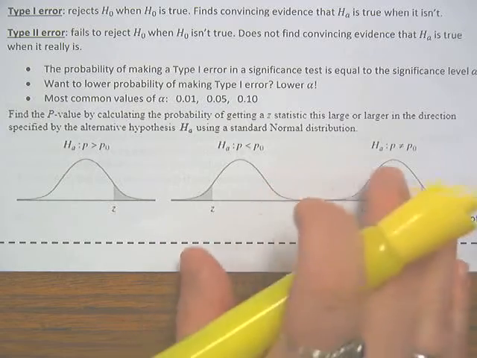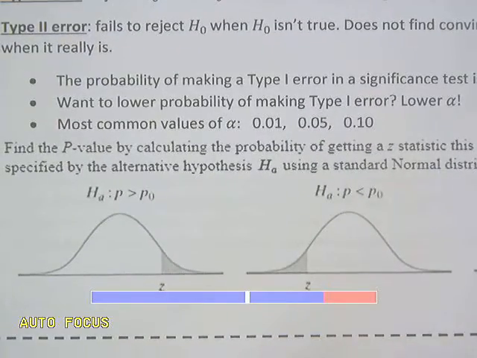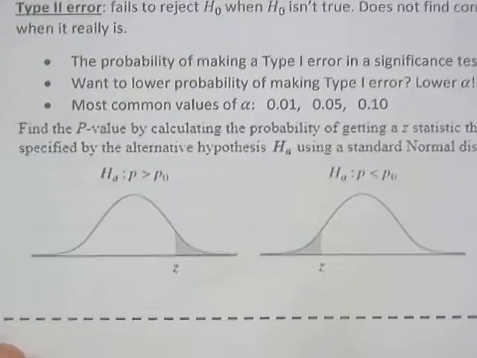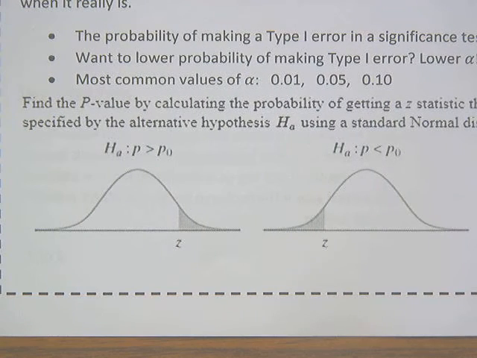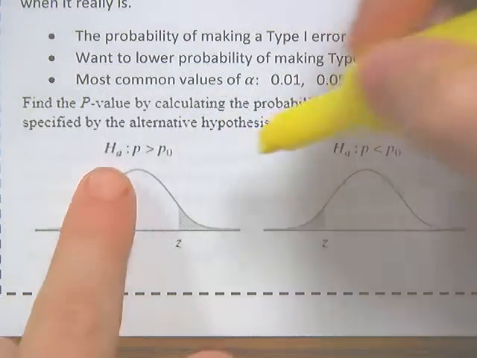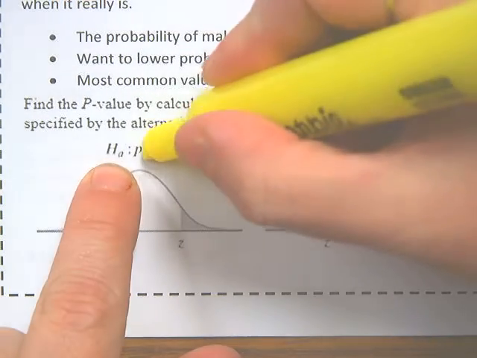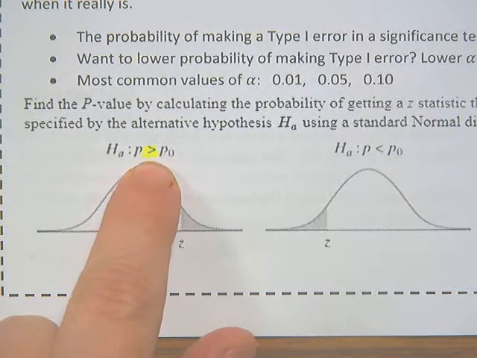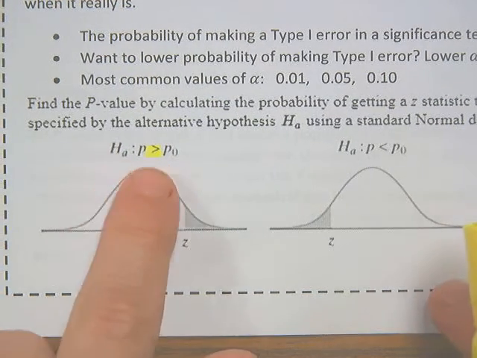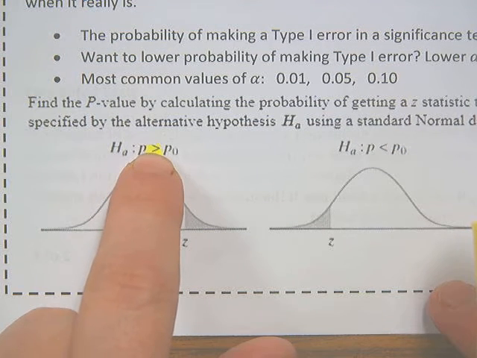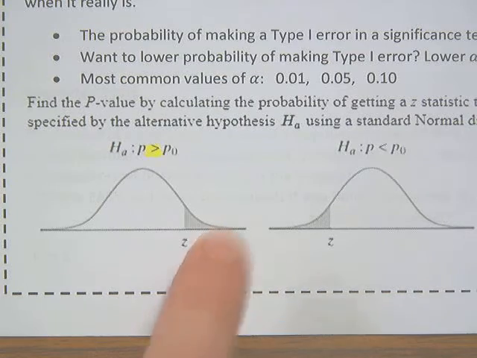I'm going to zoom in and I'm going to explain something that will help you a lot. When you get to the part where you're finding the p-value and you have to make a decision which way to shade, it all goes back to your alternative hypothesis. If you used a greater than symbol in your alternative hypothesis, so you better write it the right way, then you're going to shade to the right.